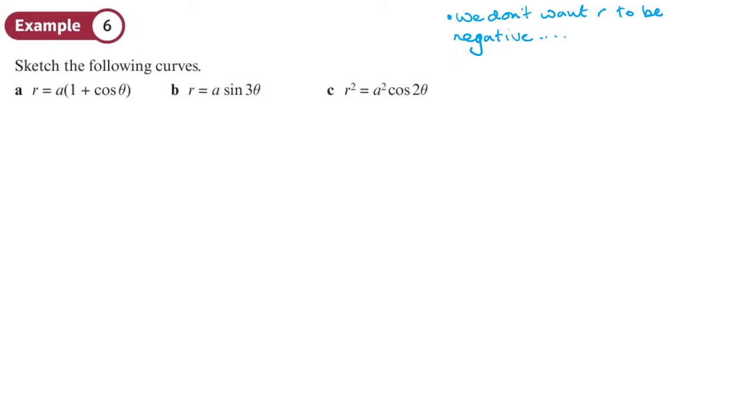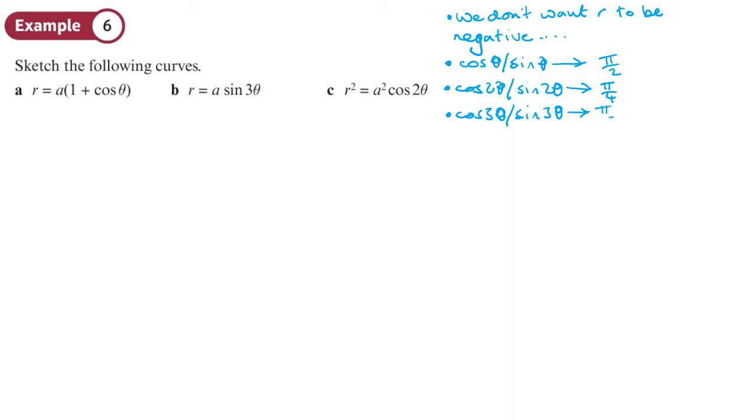And the second thing is, if we have things like cos theta or sine theta, then we want to go up in pi over 2's when we draw our tables. If I have cos 2 theta or sine 2 theta, I want to halve that, so I want to go up in pi over 4's. If I have cos 3 theta, sine 3 theta, then I will go up in pi over 6's.